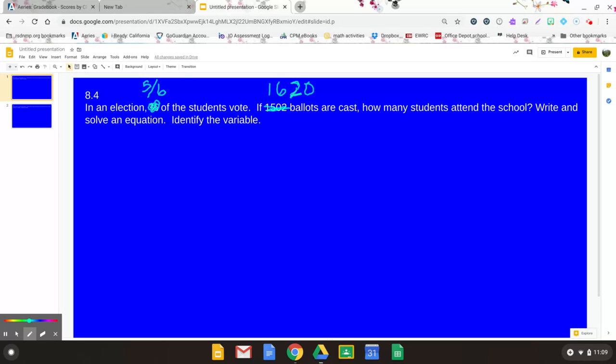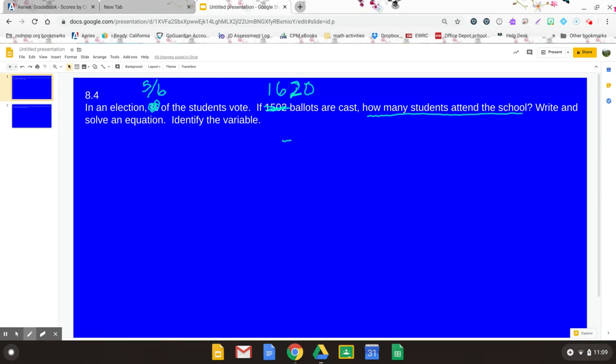So again, 5/6 is equal to 1,620, and that is how many kids voted out of some total amount, which we don't know. That's what they want us to figure out, how many students attend the school. So 1,620 is 5/6 of what amount?